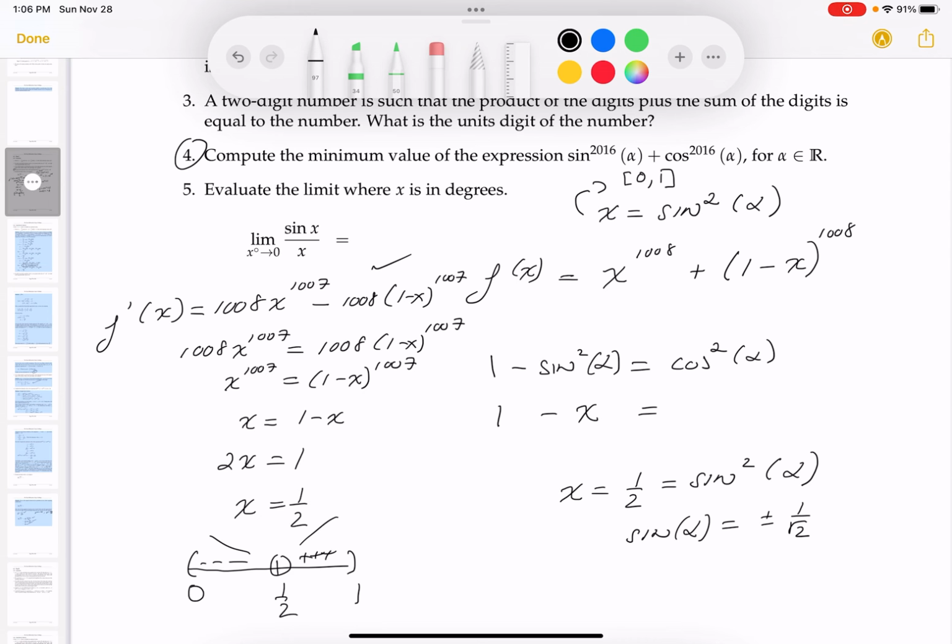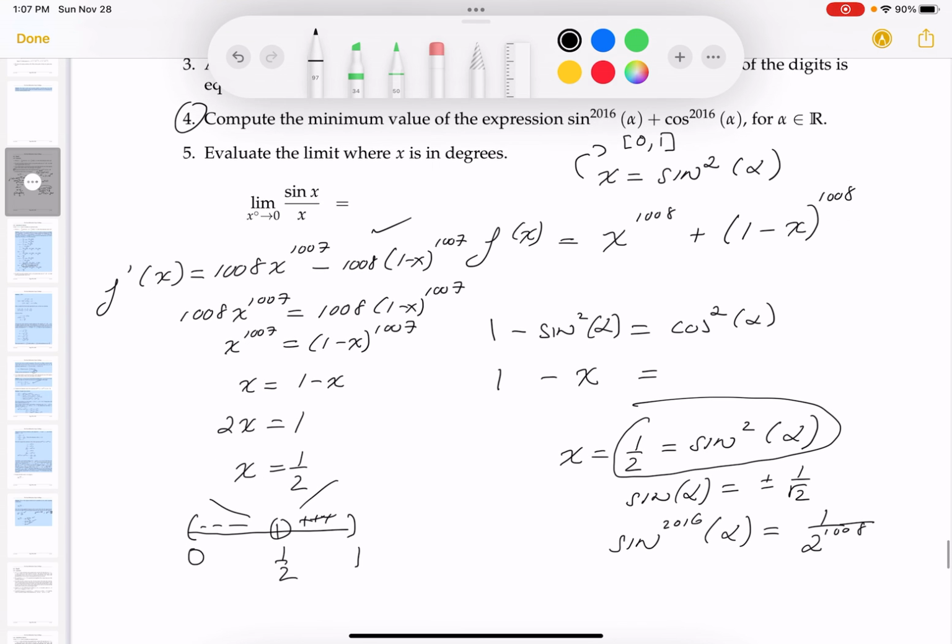And I got this, right? So what's the sine of 2016 alpha then? Well, it's going to be 1 over 2 to the 1008. Yep.